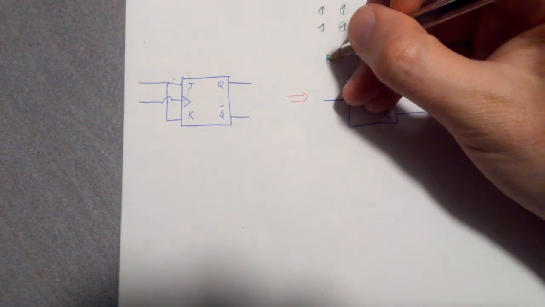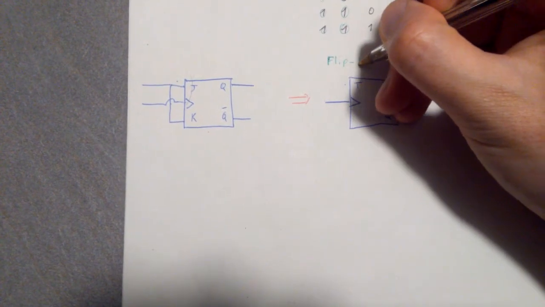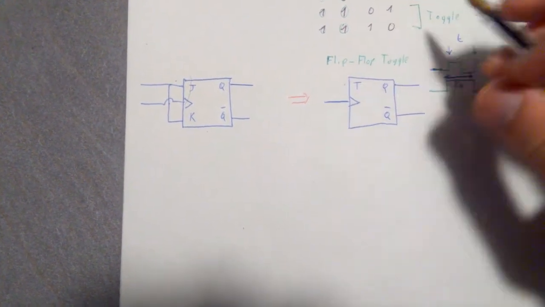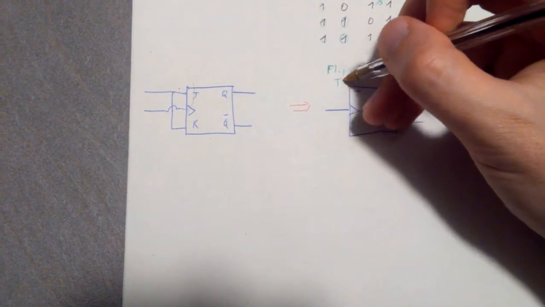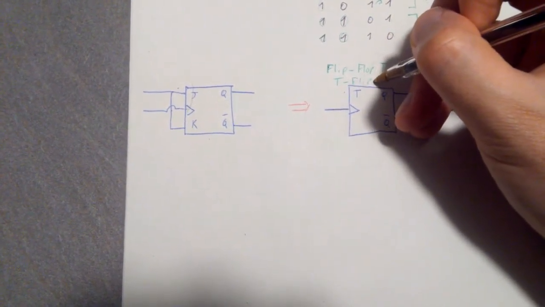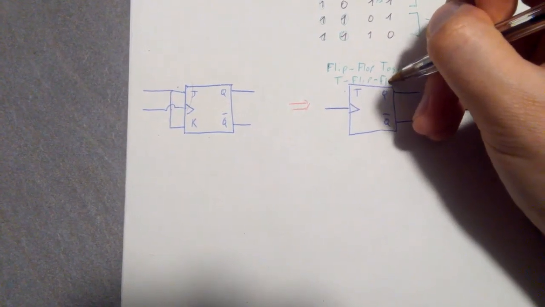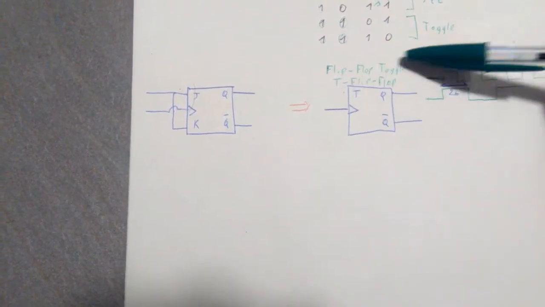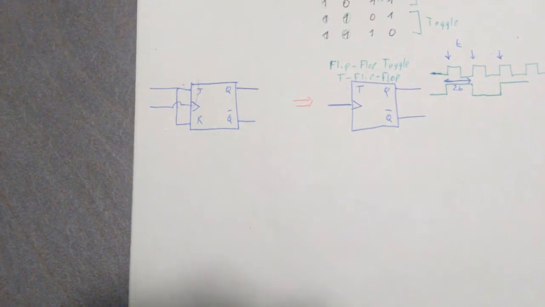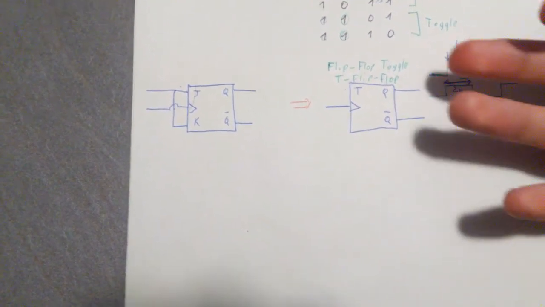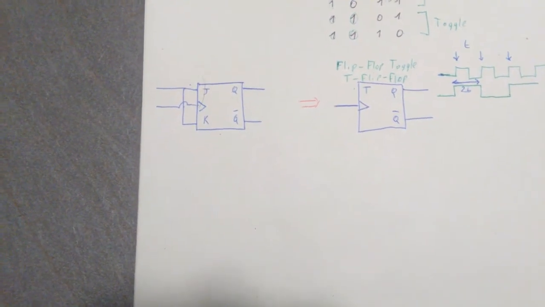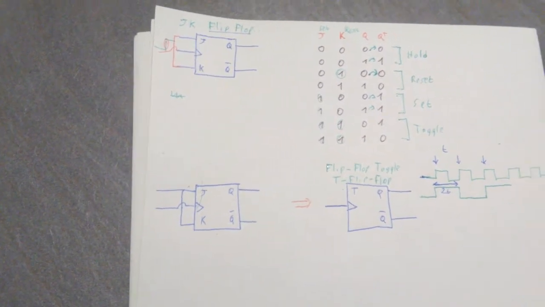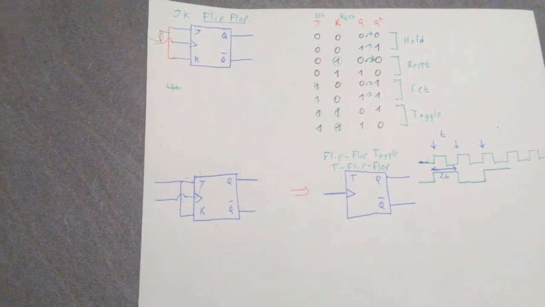I'm going to label this toggle flip-flop. It's sometimes also called T flip-flop. Some books call it T flip-flop and others toggle flip-flop, but honestly it's just toggling.